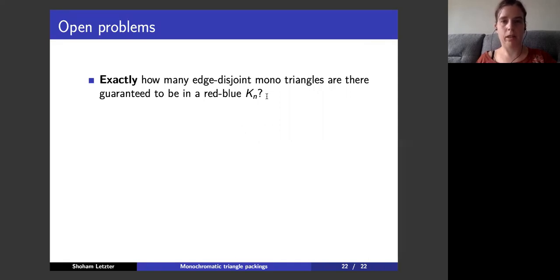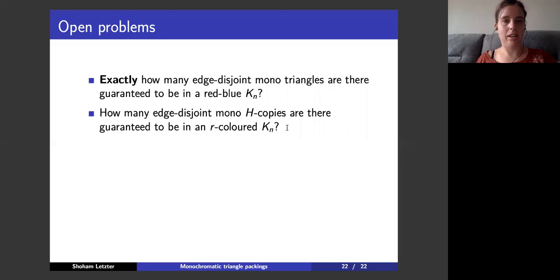But I would expect this to be doable using our stability result, and I would expect the answer to essentially be complete bipartite, but maybe not quite balanced, just almost balanced. But I don't know exactly. Now another maybe obvious but most likely harder question is to generalize this, instead of triangles, to look at copies of H, and instead of 2 colors to look at r colors.